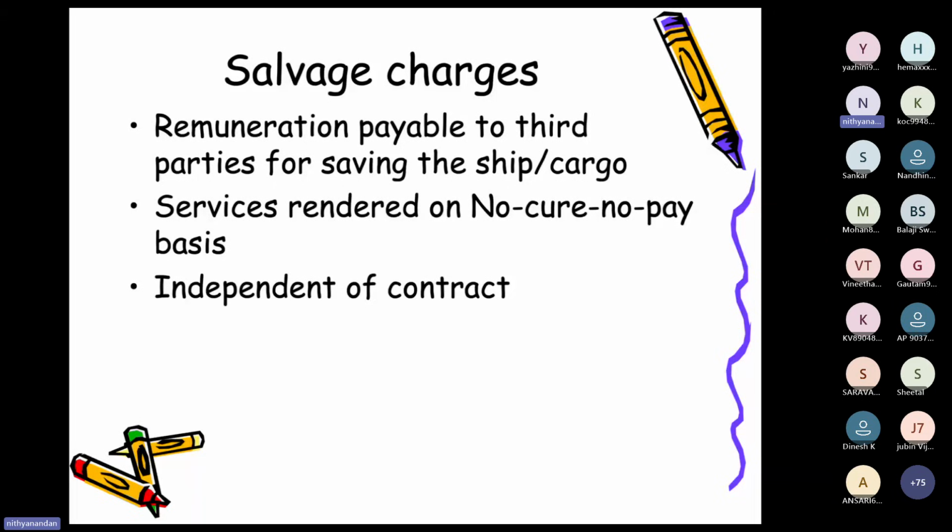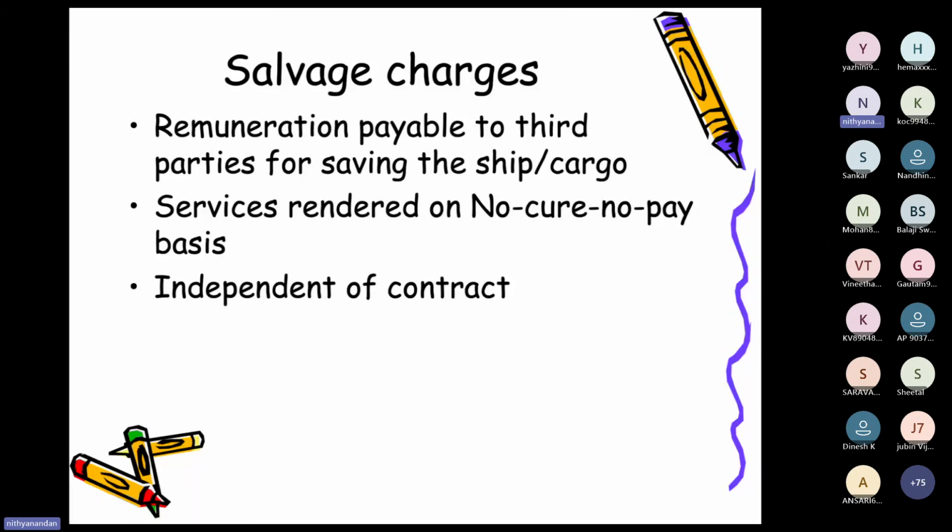When the ship is on fire or sinking, the salvage associations, on their own, without any request from the insured, will come and try to save the ship. That means independent of contract. There is no contract between the salvage association and the insured. Then, if they are able to save the ship, they will get a payment. If they are not able to save the ship, they will not get a payment. This is given by the principle no cure, no pay.